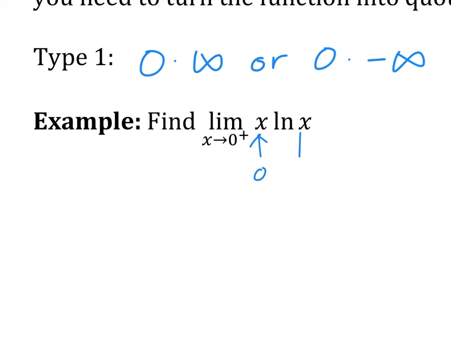If you plug in 0 into natural log x, you get negative infinity, right? So that's a 0 times negative infinity. We don't really know what that number is. Basically, you can't just times a very big number by 0 and just say, like, gone. It's too big of a number to say it's gone. Like, if you do 10 times 0, it's 0. Yeah, that's for sure. But if you have a super big number, you cannot just assume.